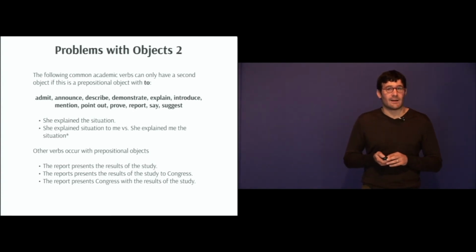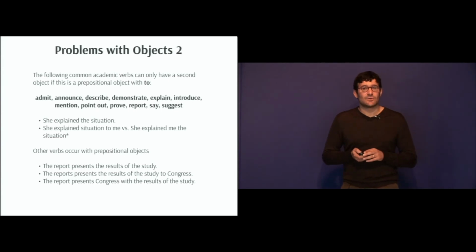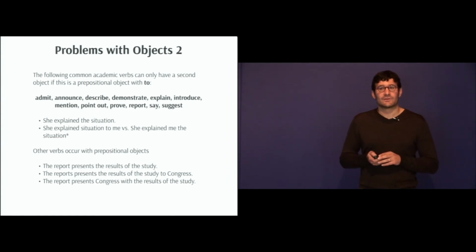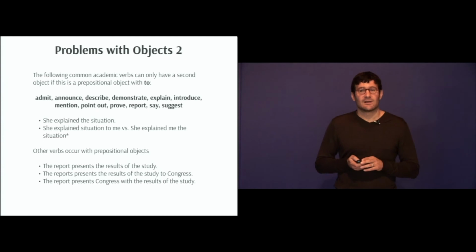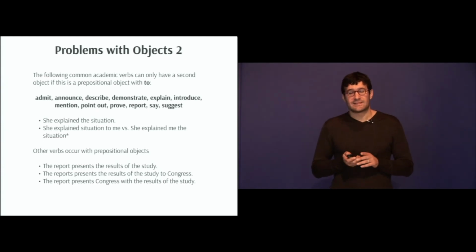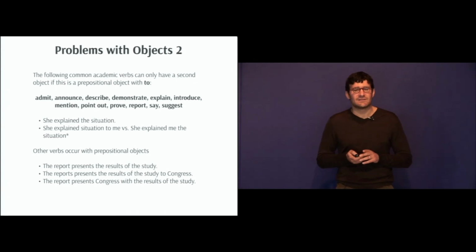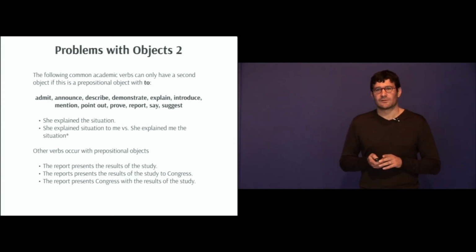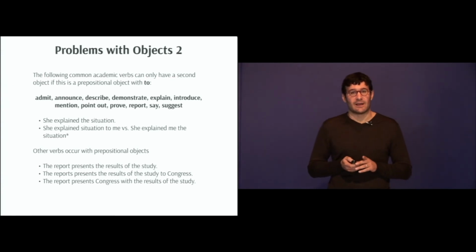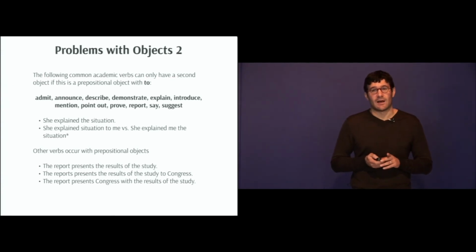We have a verb and an object. She explained the situation to me versus she explained me the situation. The second sentence, she explained me the situation, doesn't work. She explained the situation to me. You need that prepositional object there, and it only works with the prepositional objects.